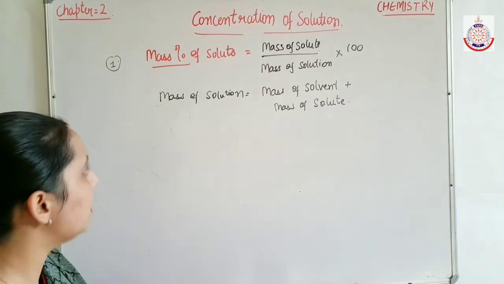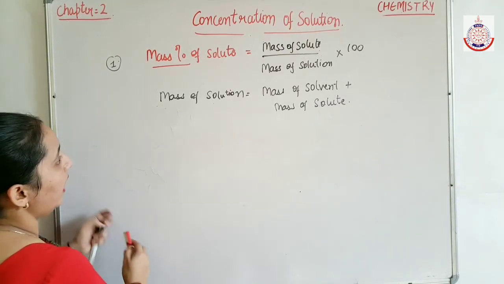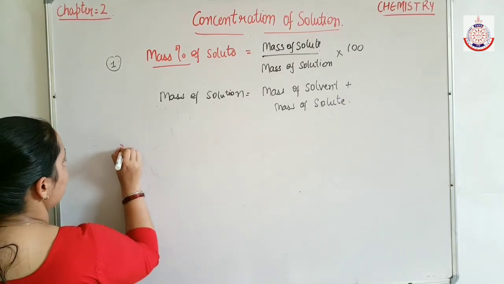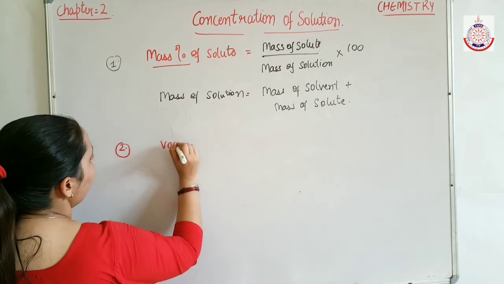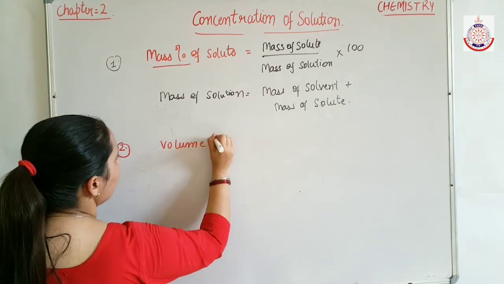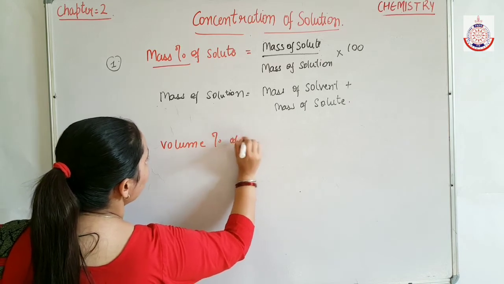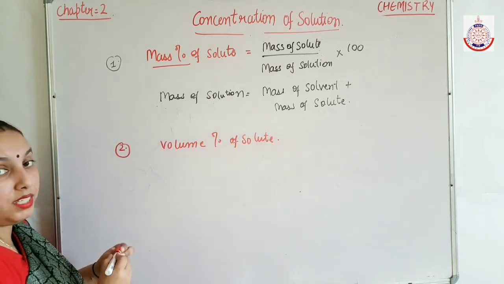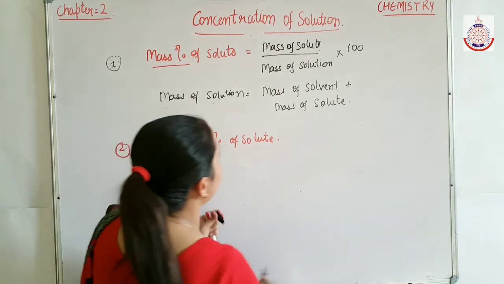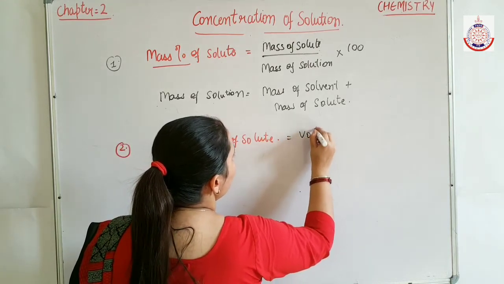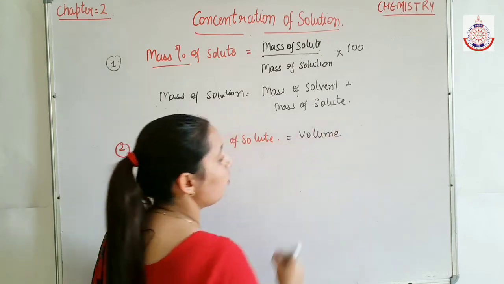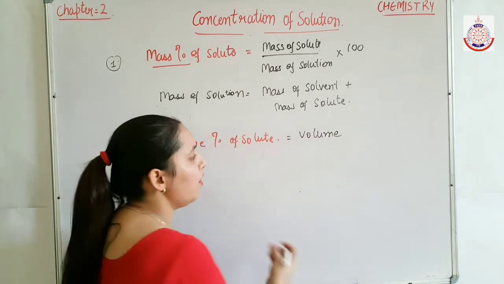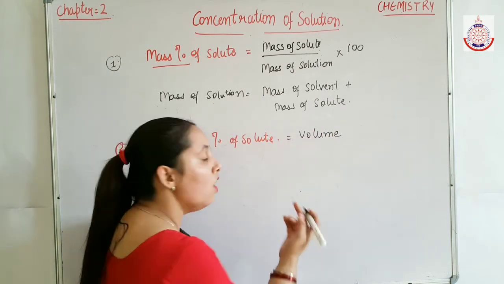So let's see the second method, how we can express the concentration. The second is the volume percentage of solute. Simply it means, if the solute and the solvents are in liquid phase, then only we will use the volume.